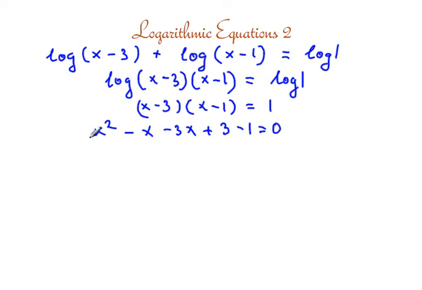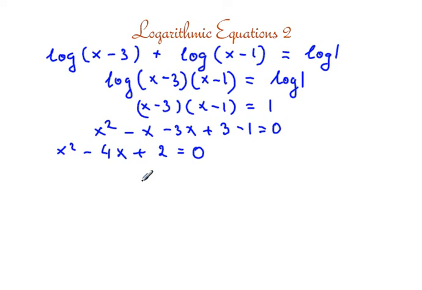Simplify. So x squared is by itself. Linear terms, negative 1 and negative 3, minus 4x. 3 take away 1 is plus 2, and this is a beautiful quadratic equation.